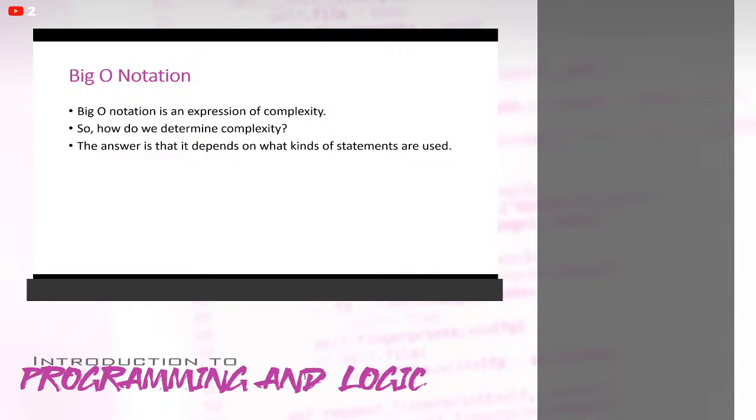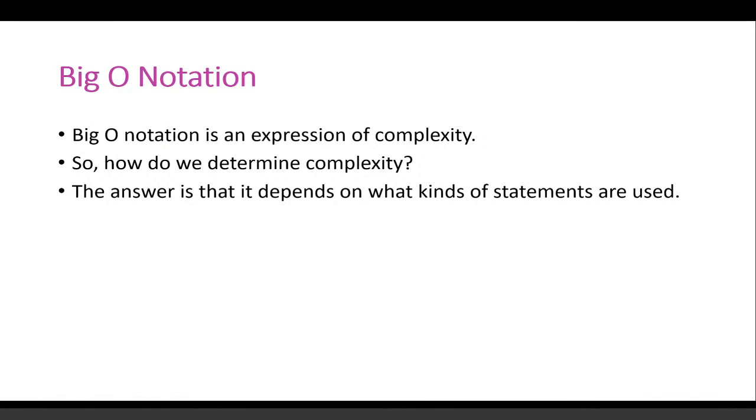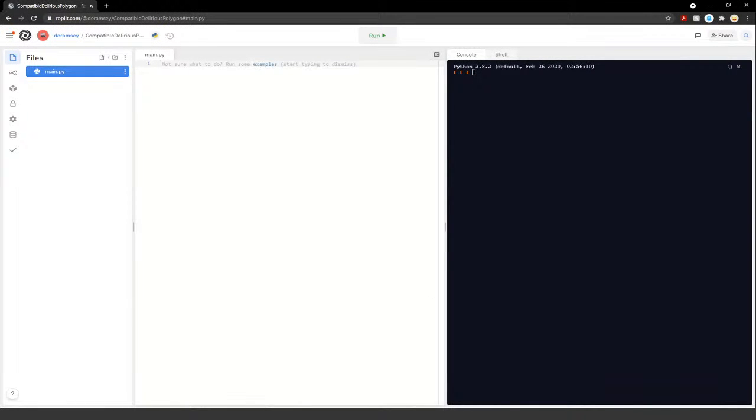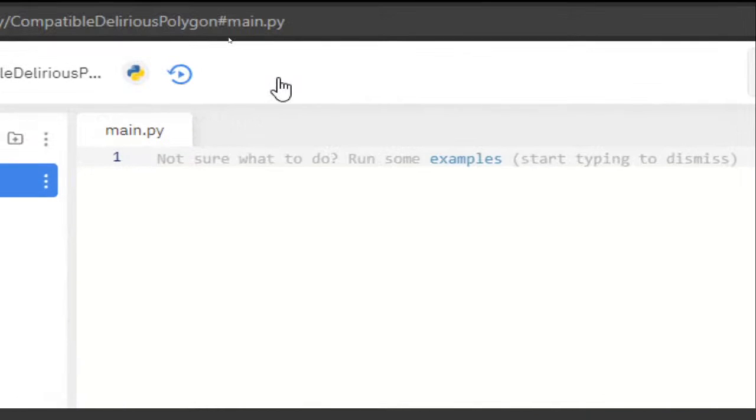All right, so let's take a little itty bitty piece of code, break it down, and talk about how we can calculate the complexity of it. In order to do that, I'm going to write myself a little piece of code. Let me find my REPL here that I can write it in. We're going to write a really simple piece of code.